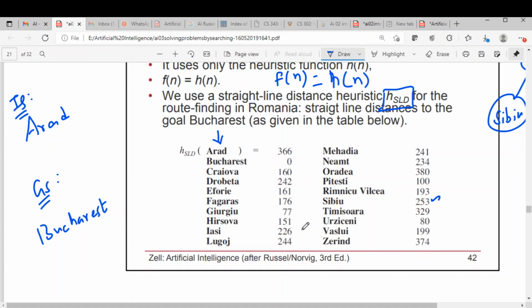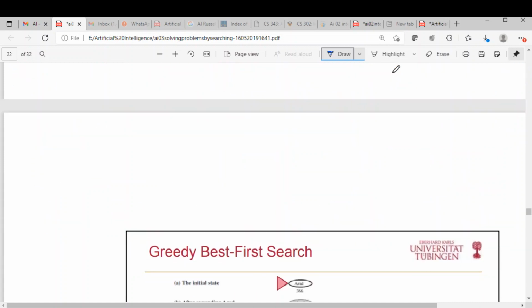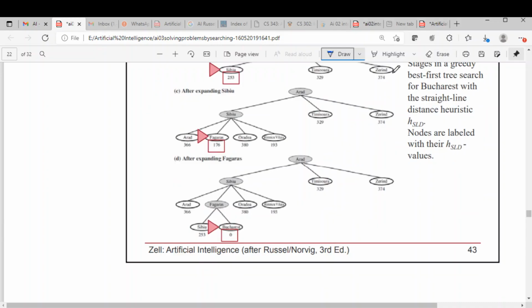It is 253. And what is the cost of reaching Bucharest from Bucharest? It is 0. So which is the cheapest cost path? This 0. So it will choose that path. From Fagaras, the algorithm has two options, either Sibiu or Bucharest. But this is the cheapest cost path, so it will go to Bucharest.